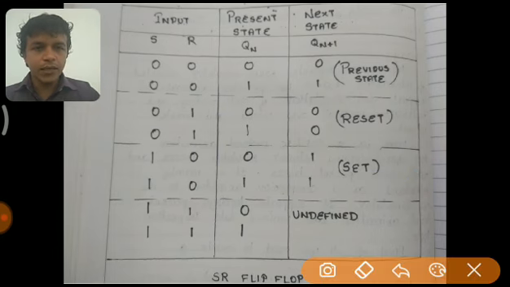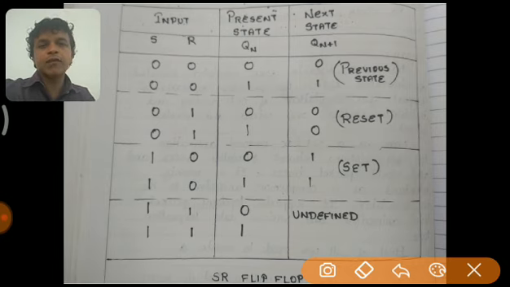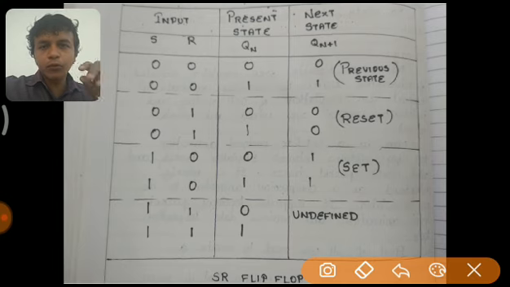So here let us look at the first condition, and as I mentioned earlier, a flip-flop is a single bit storage device. We use flip-flops in a sequential circuit whose output depends not only on the current input but also on the previous output.